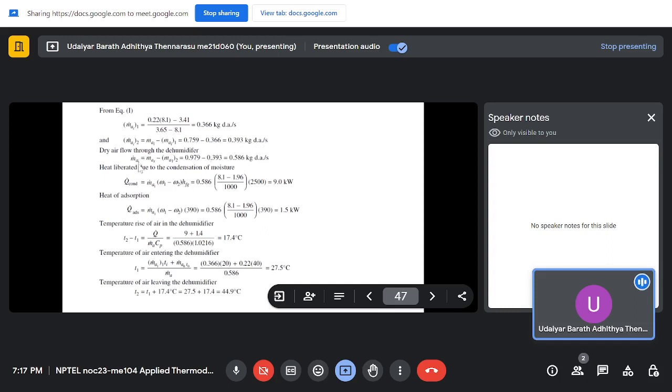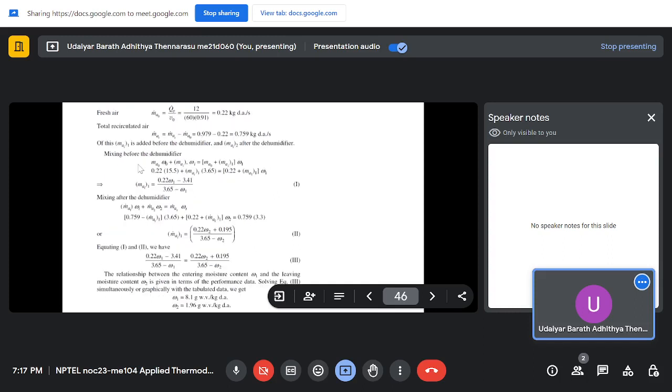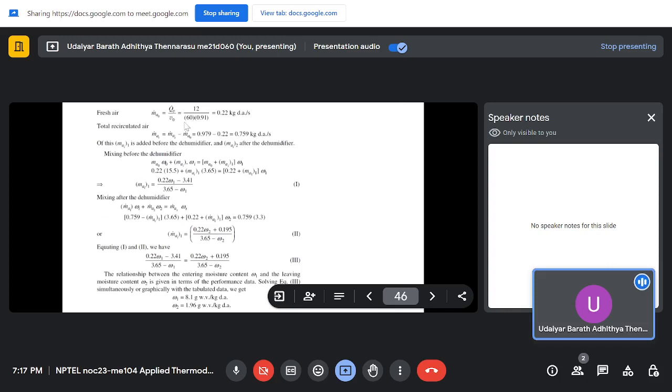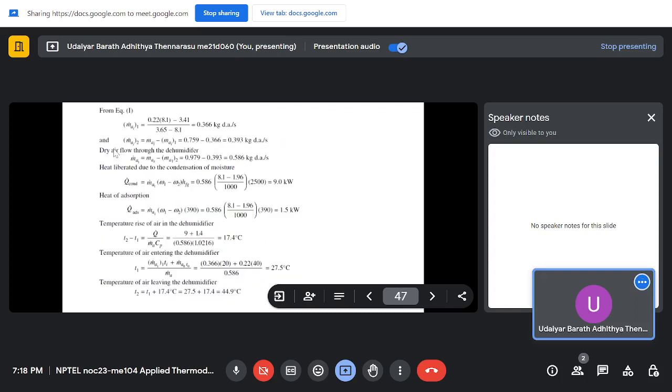So using this, we can find out the mass of air which is flowing through the dehumidifier, which will be equal to mass of supply air minus air which is going out, will come out to be 0.759 kg of dry air. It will be m dot as minus m dot a12, so it will be equal to 0.586 kg of dry air.